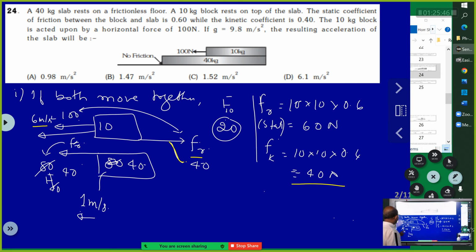Now, is this calculation right? The acceleration of the top block will be 6 meters per second square, and the acceleration of the bottom block will be how much? 1 meter per second square. So how did you get it as 9.8?